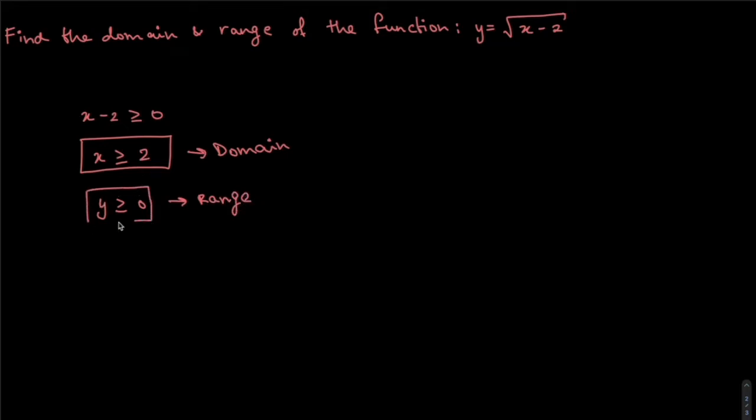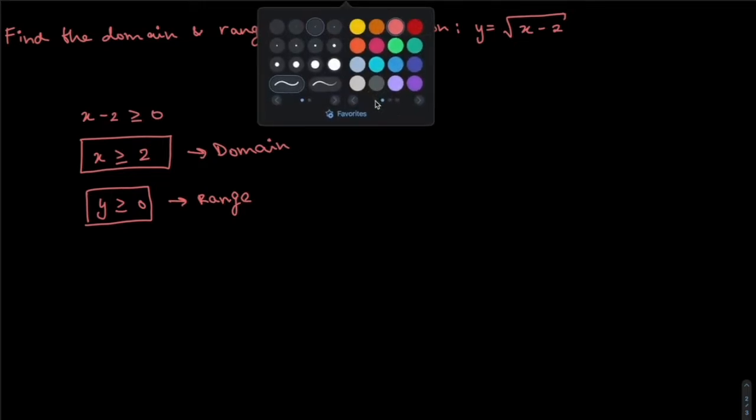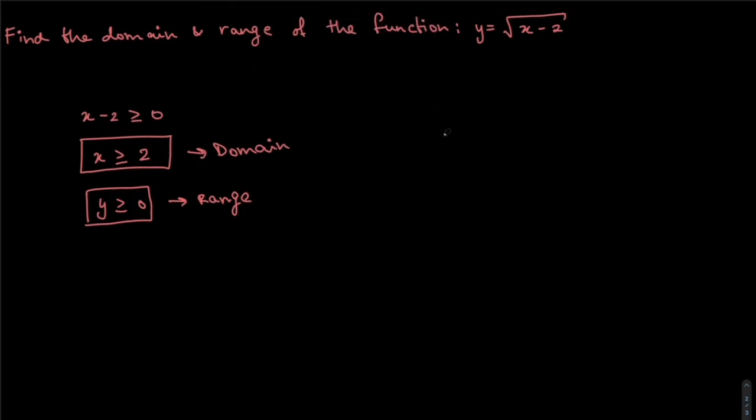So now if you want to plot this, we can, even though the question hasn't asked us. If I draw the axes right here, here's my x, here is my y. I know that y will be 0 when x is equal to 2.